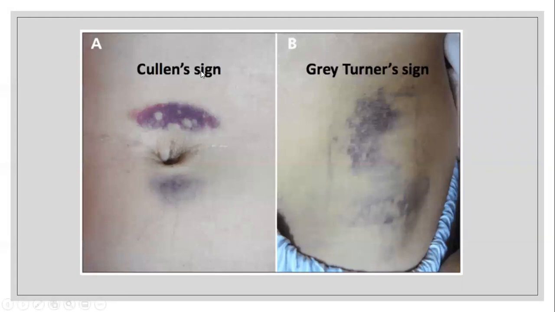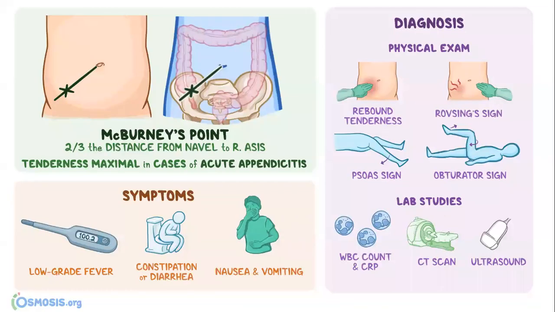In pancreatitis, Cullen sign is supposed to be positive: an irregular hemorrhagic spot or patch around the umbilicus. And Grey Turner sign is bilateral flank ecchymosis, a classical finding of bleeding into the retroperitoneum around the kidney or pancreas. Both are supposed to be positive in case of pancreatitis.